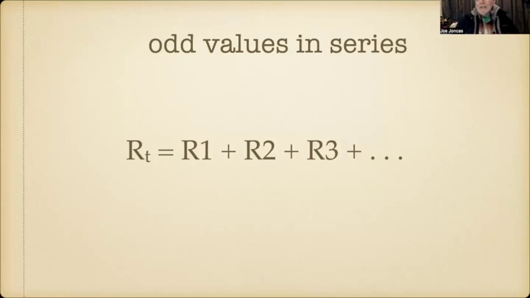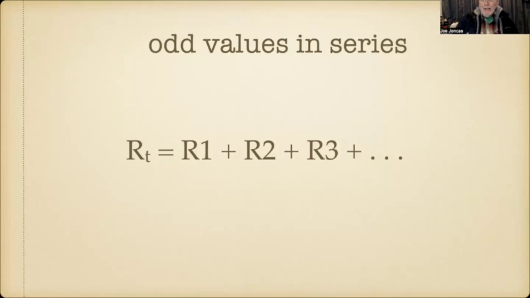Oh, you are so observant. So if we want to know what the total resistance is, and we've got multiple resistors in series, if we took a 100 ohm, a 50 ohm, and a 20 ohm resistor, the resistance total would be 170. Good for you guys.